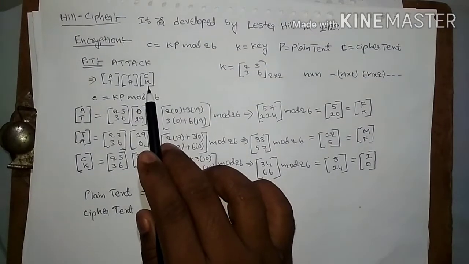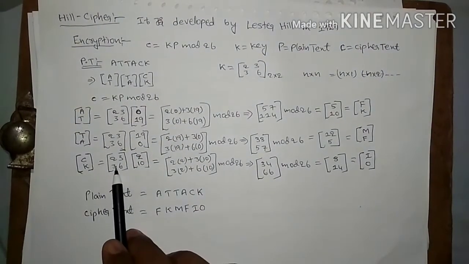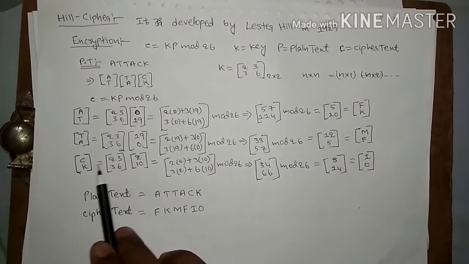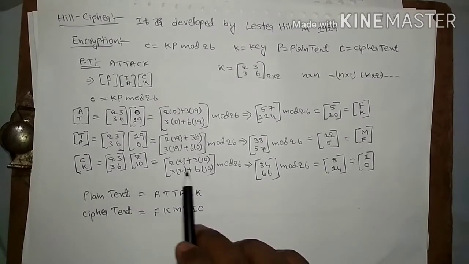Next is CK. Next, 2, 3, 3, 6, the key, and the plain text: C value is 2, K value is 10.